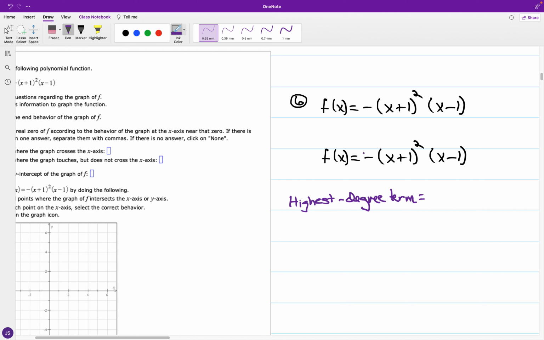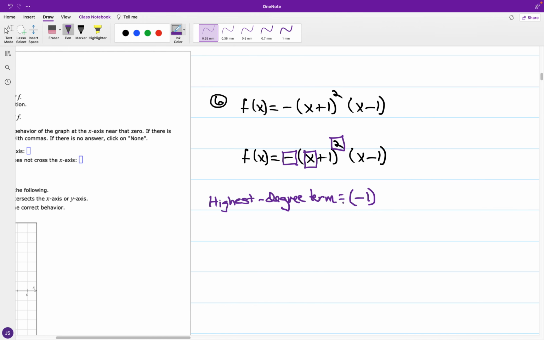So you got for the negative sign, this will be in reference to negative 1. Now for x plus 1 quantity squared, you have the higher order term at x. Again, from the expression, you have that x is going to be squared.